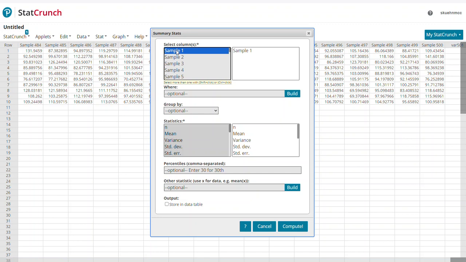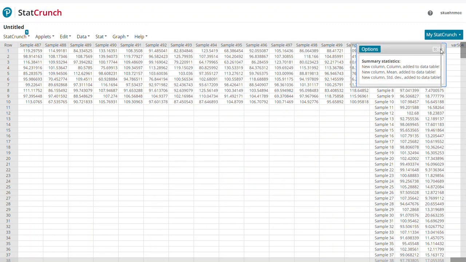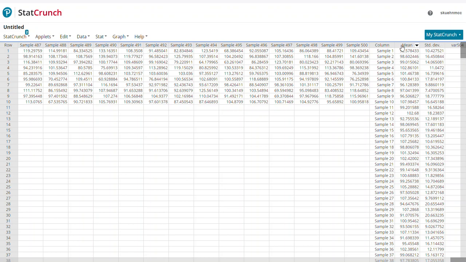And I want to know what is the sample mean and sample standard deviation for each of these 500 samples. So when I hit compute, 2 more columns were added here. In fact, I'm going to change the header here to indicate that this is the sample mean and this is the sample standard deviation.